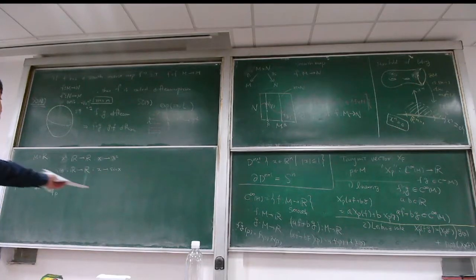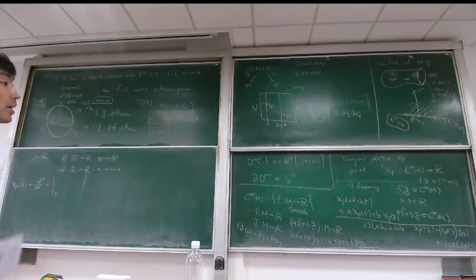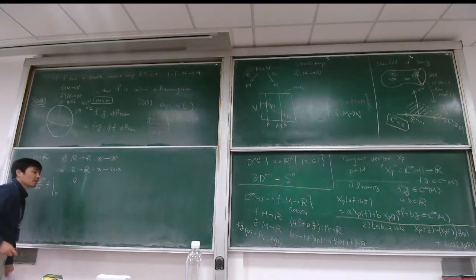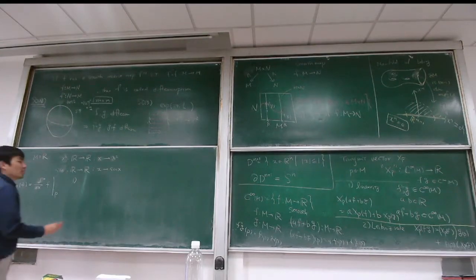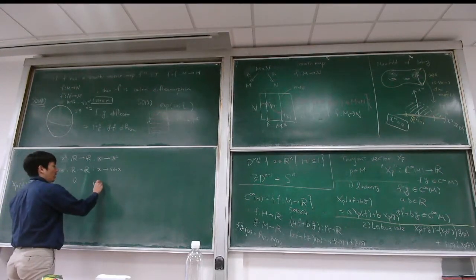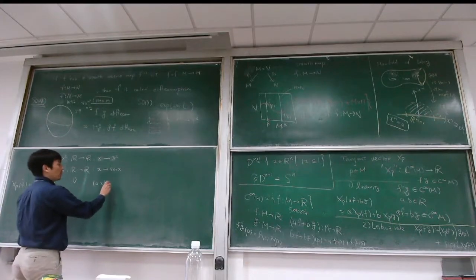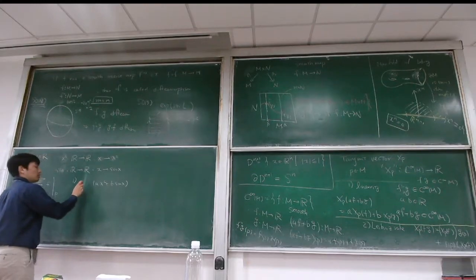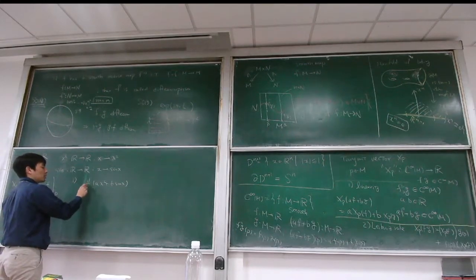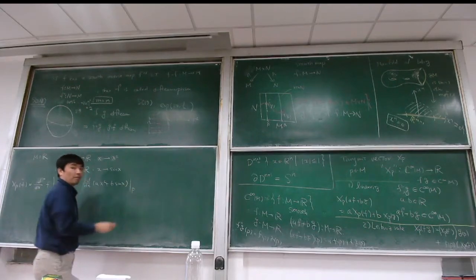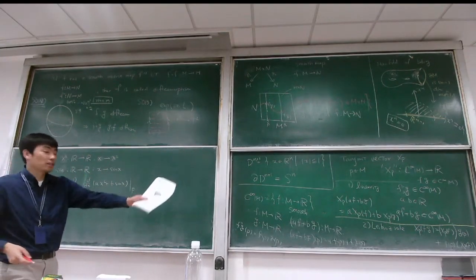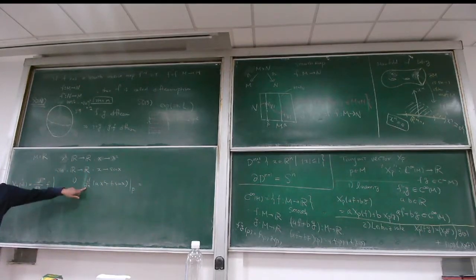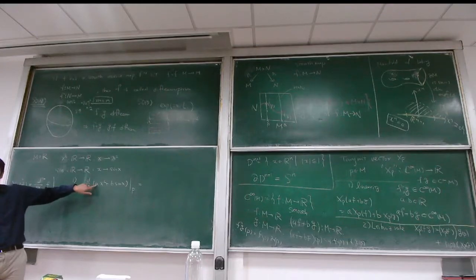So f and g are x squared and sine x. Let's check if this satisfies property 1, linearity. Take a x squared plus b sine x, and apply d/dx at the point p. This is the left hand side of linearity. As you can easily see, this is the first derivative, so it doesn't see the a.